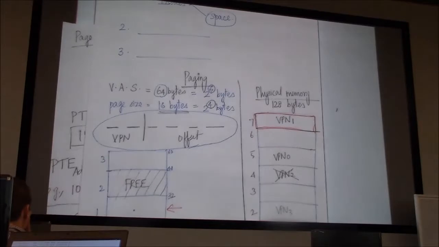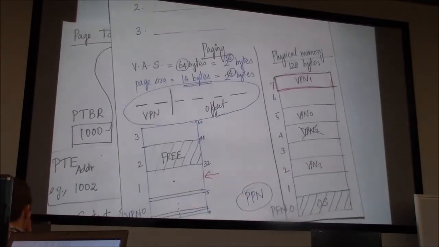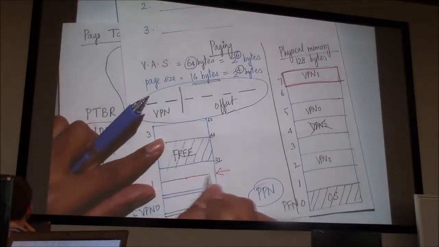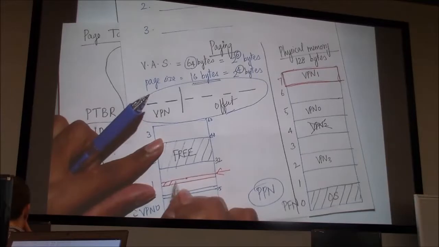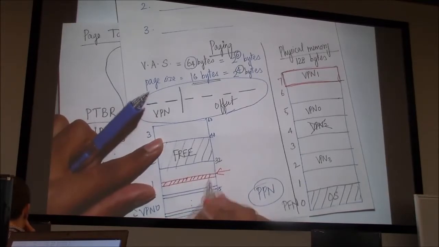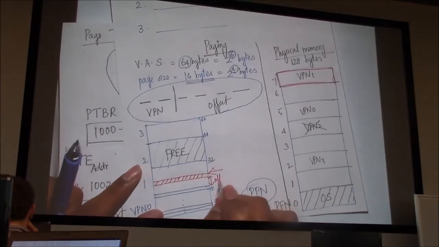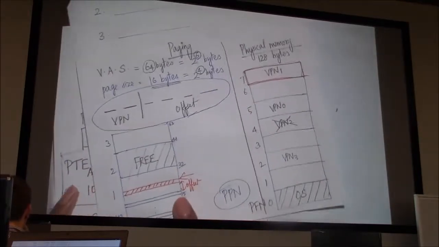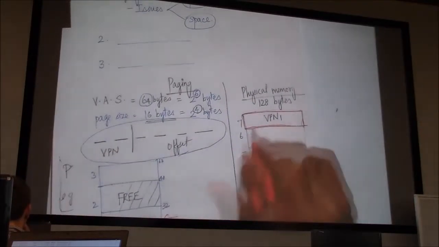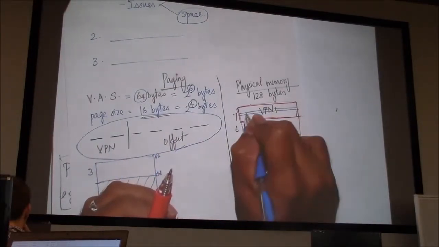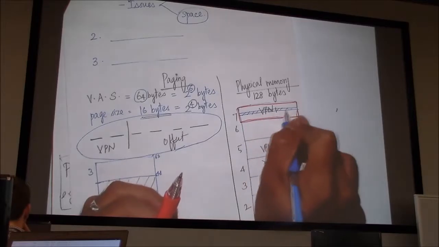Now the only thing that is remaining is that the address we are interested in is somewhere within this virtual page, at some offset from this virtual page, and this same address is going to be at the same offset here in the physical frame. That's all we are going to do.